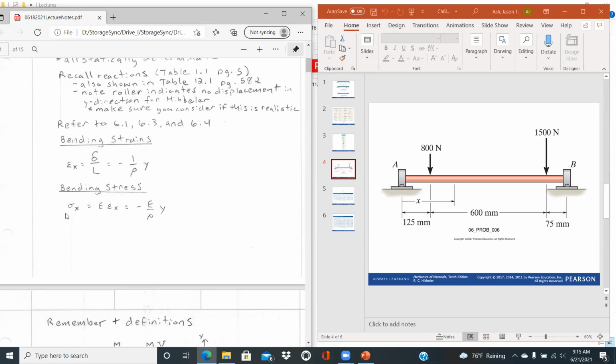And so bending stress, relating that through Hooke's law, it is a 1D loading condition, so sigma x is equal to the Young's modulus times the strain in the X. If we make that substitution for strain in the X, we end up with -E/rho times Y.